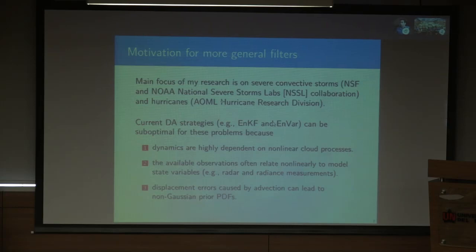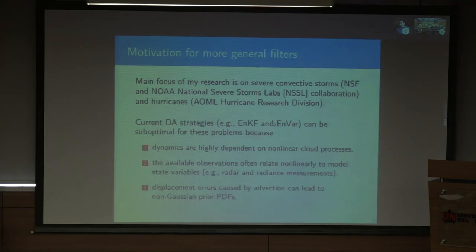And the current data assimilation strategies we have for these problems can be quite suboptimal because they're quite nonlinear. Both of these applications depend on very nonlinear cloud processes, and so that complicates things quite a bit. The observations that we have often relate nonlinearly to the model state variables.